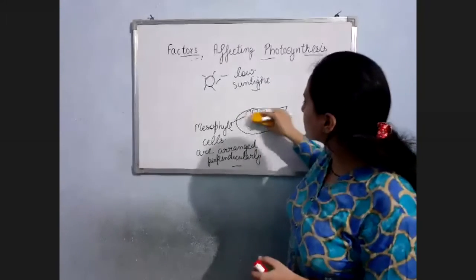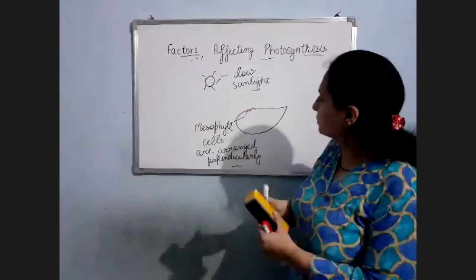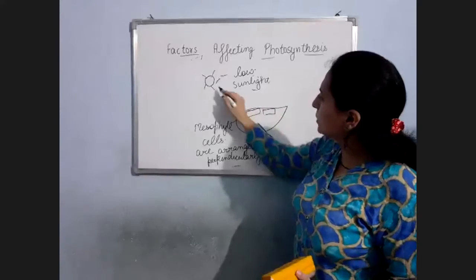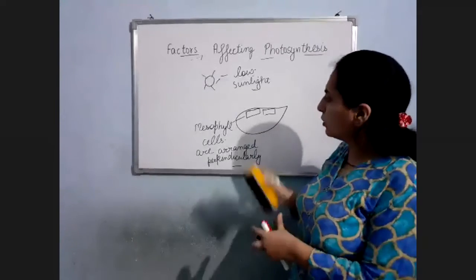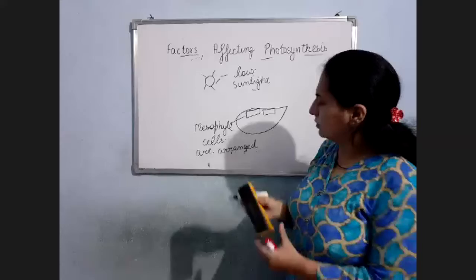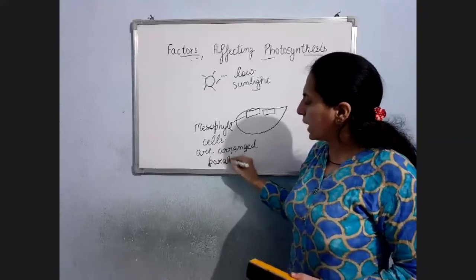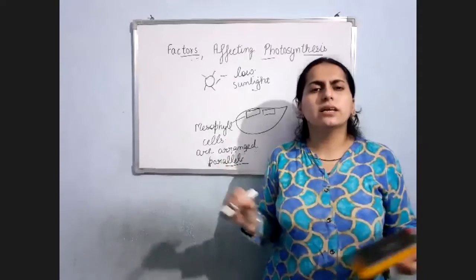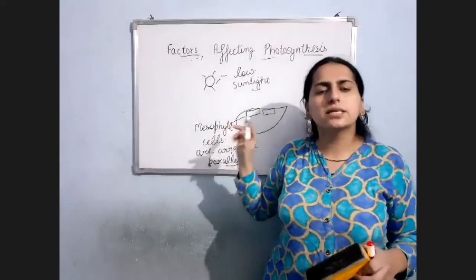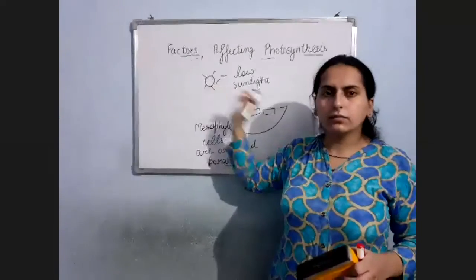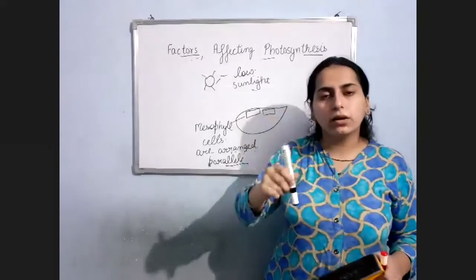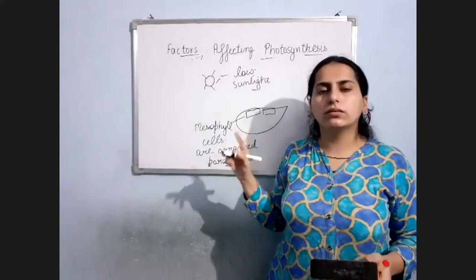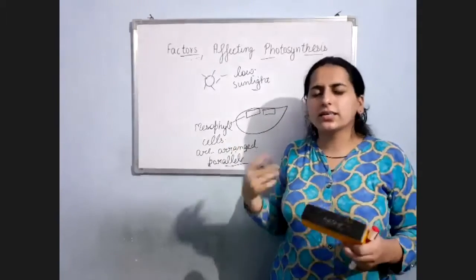So now in this case, mesophyll cells will be parallel to the cells of the leaves. Along the side walls of the leaves, they will be arranged parallel in the dim light, and they will be arranged perpendicularly in the intense light. Any doubt in this point? Again, let me know. Otherwise, I'll move to the external factors.